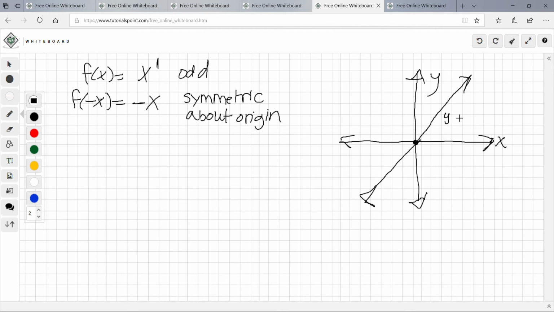So this is y equals x. And then y equals negative x is exactly the same, but it's going to look opposite like this. So this is y equals negative x. Notice how they both pass through the origin. So that's why it's symmetric about the origin, because they both pass through the point 0, 0, right?